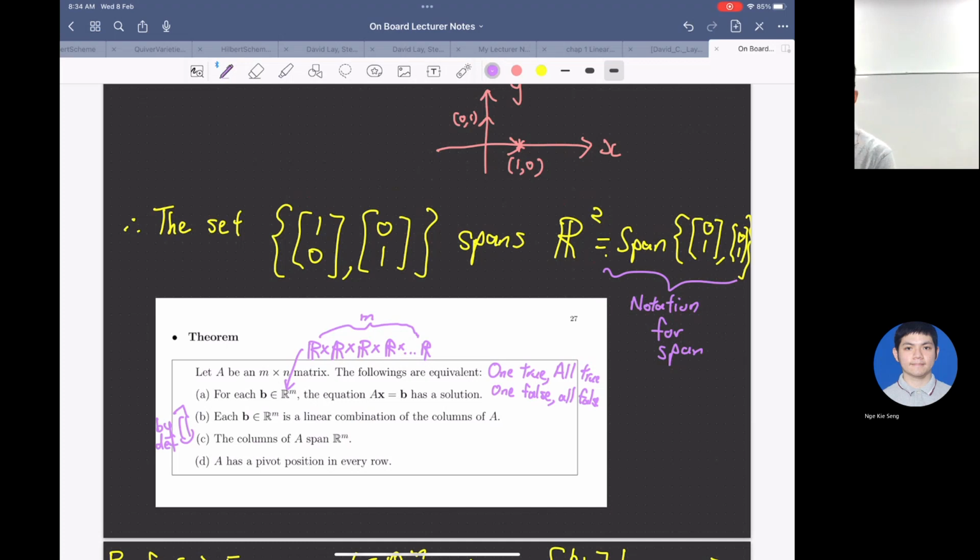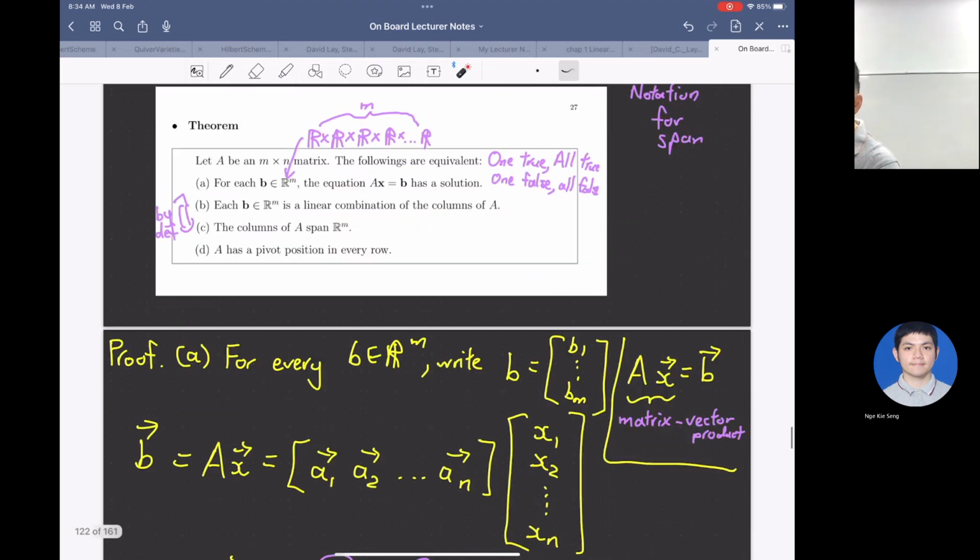So one example to keep in mind is this R2. R2 is spanned by two vectors, (1,0) and (0,1). And then A has a pivot position in every row. This one is a bit tricky.